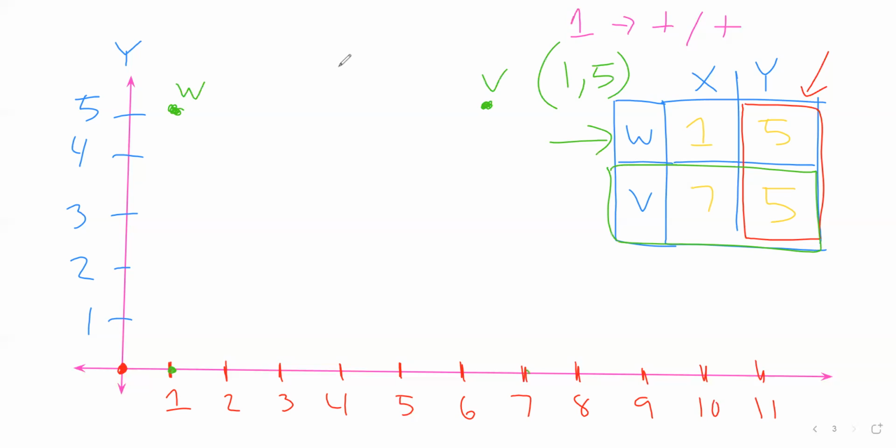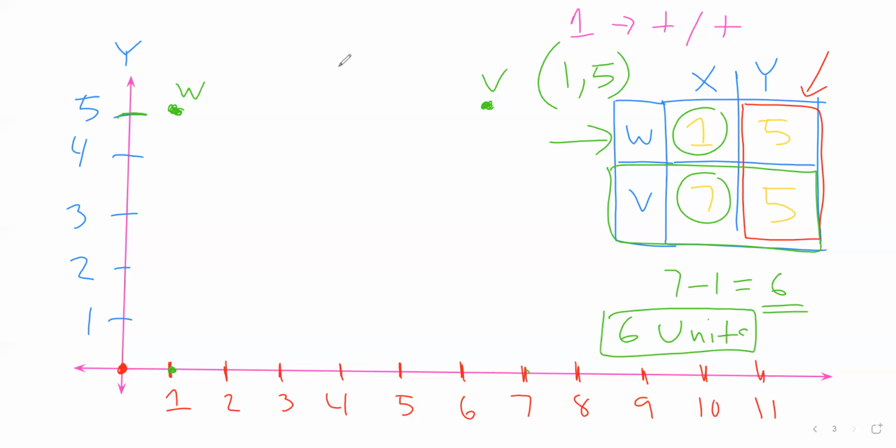Since they're both at 5 in the Y, that's the same place, so there is no difference. But then I could look at, well, what's the difference between 7 and 1? And the difference between 7 and 1 is 6. So mathematically, the distance between these 2 points, these 2 ordered pairs, is 6 units.